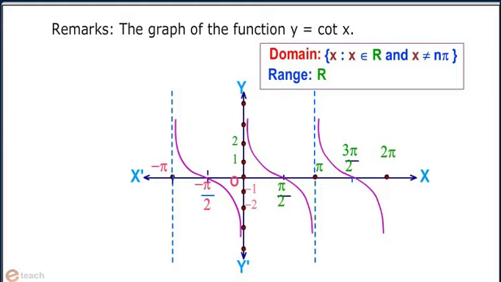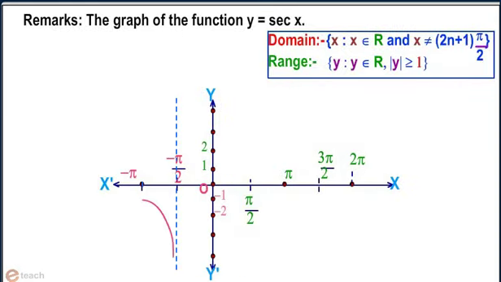Note that at x equals n pi, the value of sin x becomes 0. That is why cot x cannot be defined. Hence, we have excluded this from the domain. The range of cot x is the set of all real numbers. You can observe the graph.